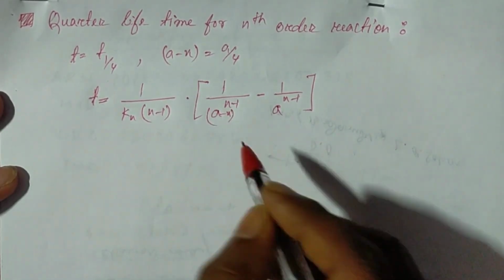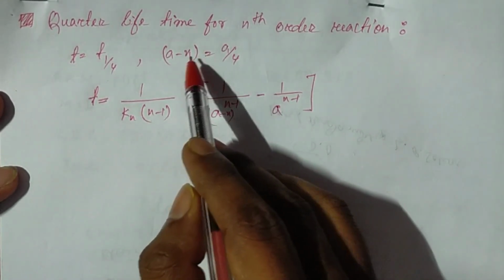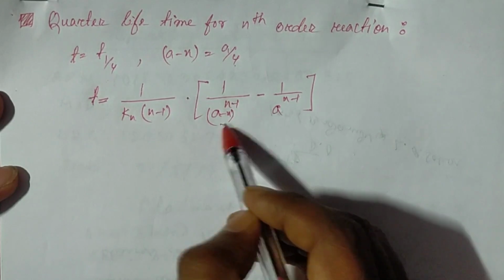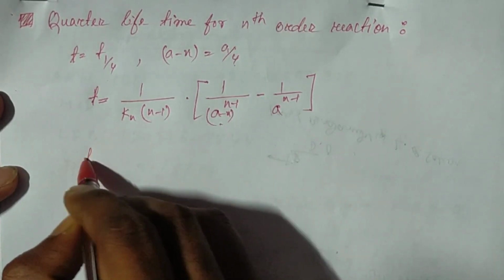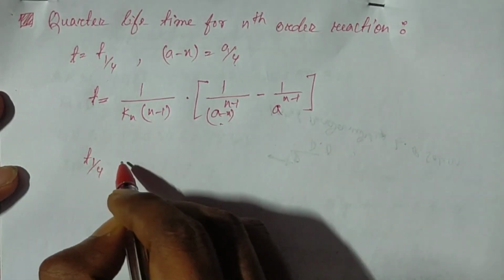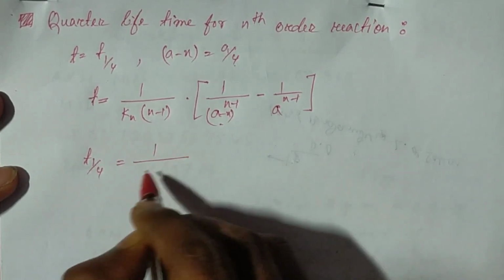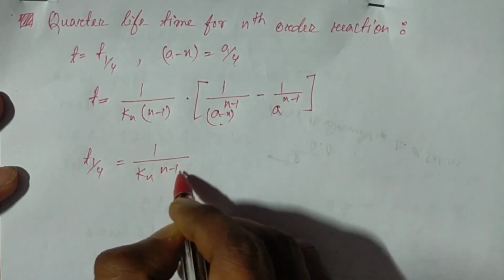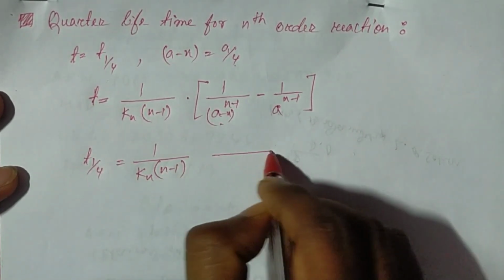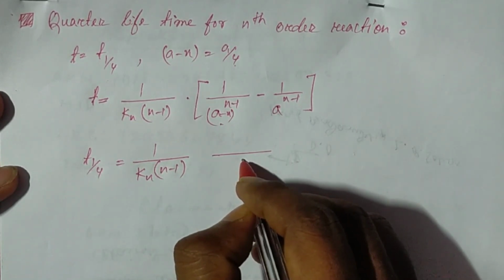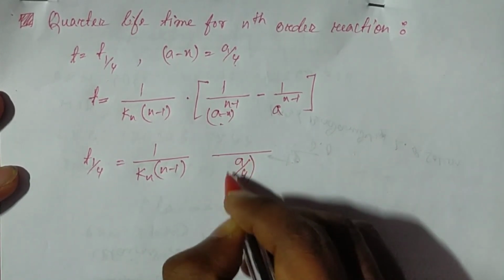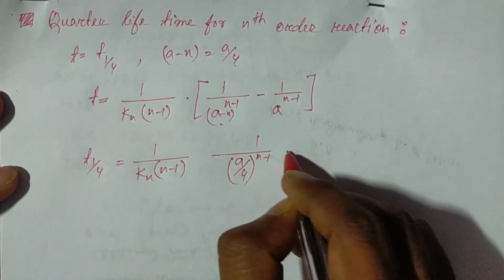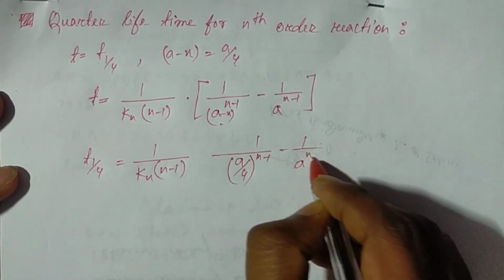So here we can put a by 4 instead of a minus x. So when it is t 1 by 4, it will be 1 by kn (n minus 1), and here it is (a by 4) to the power n minus 1 minus a to the power n minus 1.